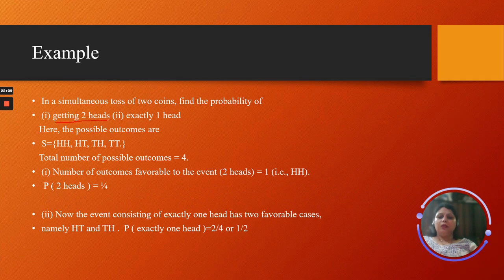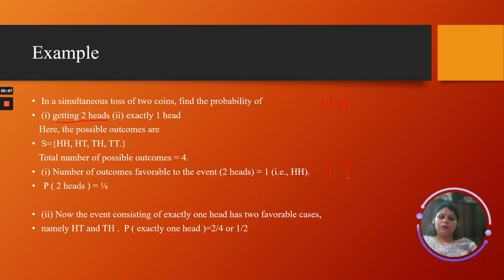Or we can have both tails on the two coins. What can be the other combination? Head on the first coin, tail on the second coin. So here we have made this sample space: HH, HT, and so on. Possible outcomes is 4.